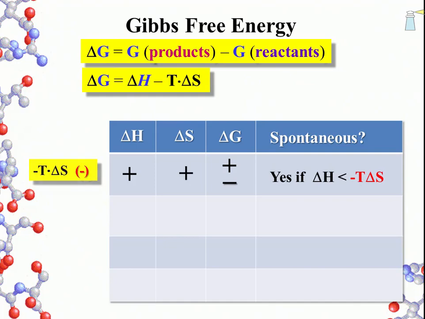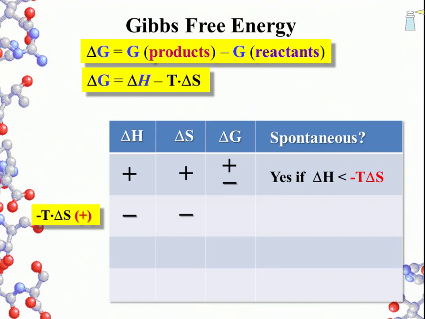Another possibility in a reaction is for delta H and delta S to both be negative. Under these circumstances, the minus T delta S term is positive. Negative times a negative is positive. So if the positive value term minus T delta S is larger than the negative enthalpy term, then delta G is going to be positive.